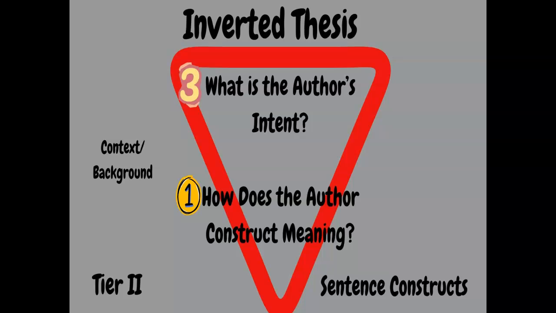The construction of meaning sentence gets 1 sentence. So you're going to lead with 3 sentences of author's intent, end with 1 sentence of construction of meaning. It's called an inverted thesis because whenever you answer the question, how does the author construct meaning, that constitutes and comprises the thesis statement.